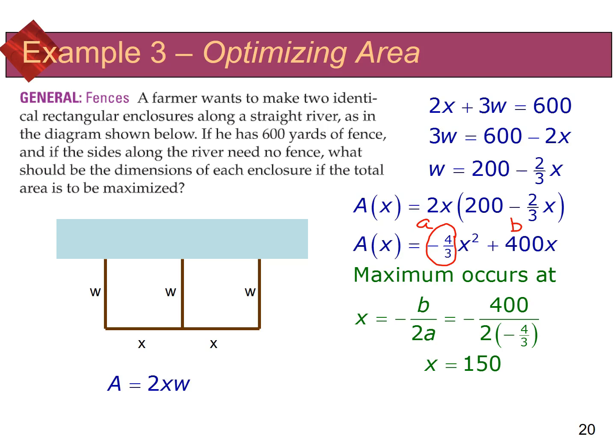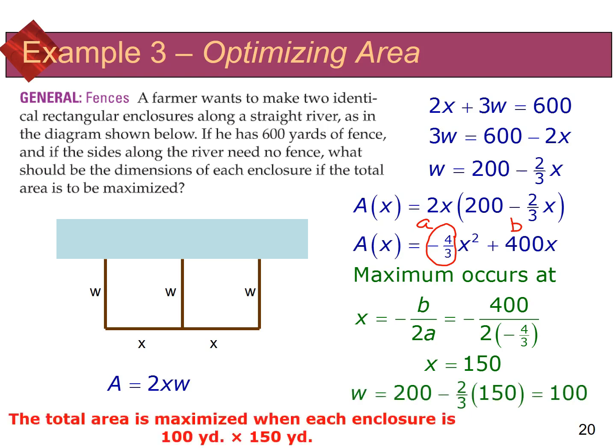And from here on out, it's basically where we went to with the other one. I find W by plugging that in, still get the 100, and I still make the determination that the enclosure is going to be 100 yards by 150 yards if I want to maximize the total area.